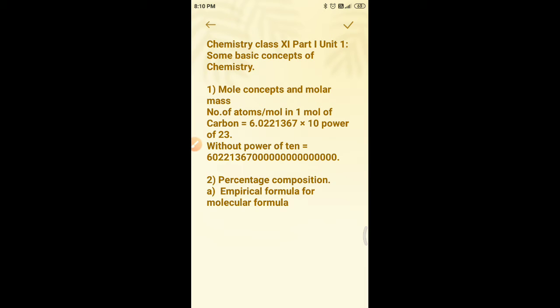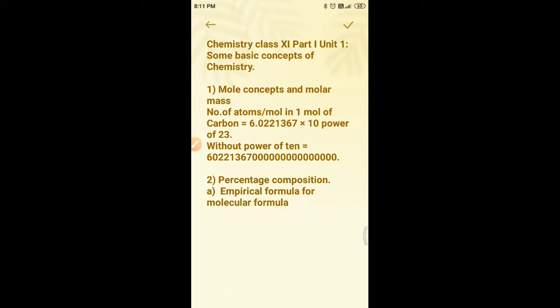After understanding these calculations, we now know the percentage of mass. From this information, we have to find out the empirical formula and molecular formula. The empirical formula represents the simplest whole number ratio of the various atoms present in the compound.